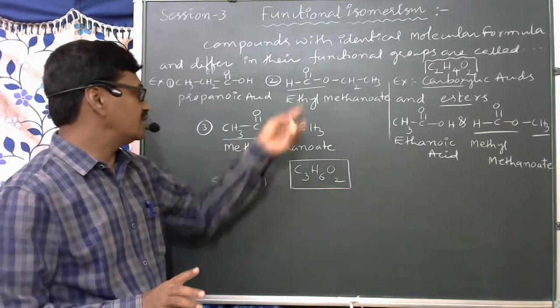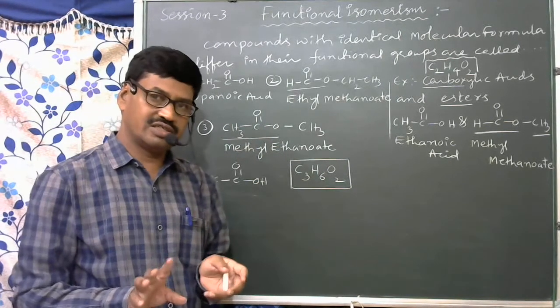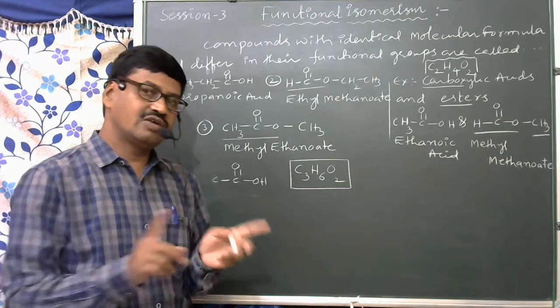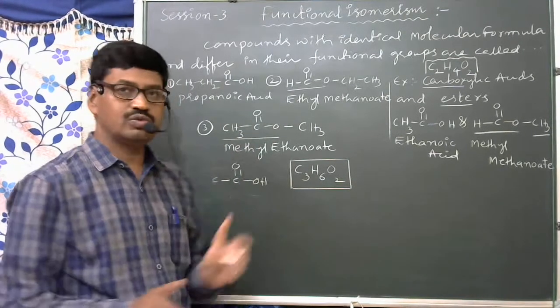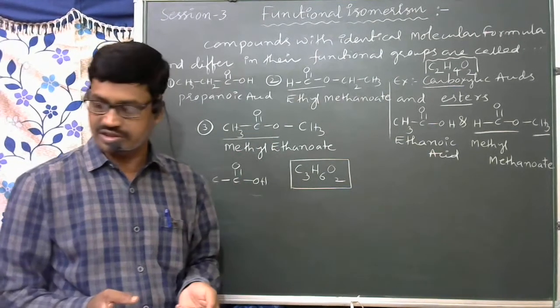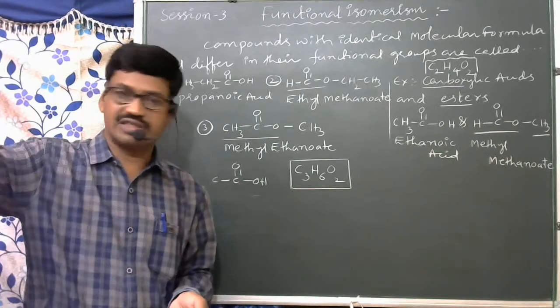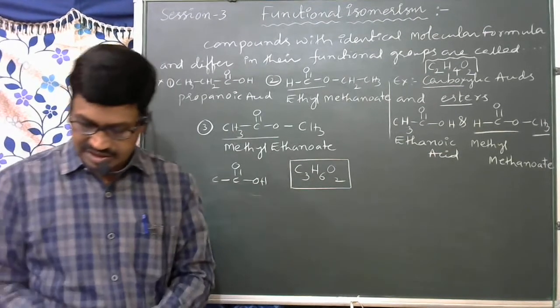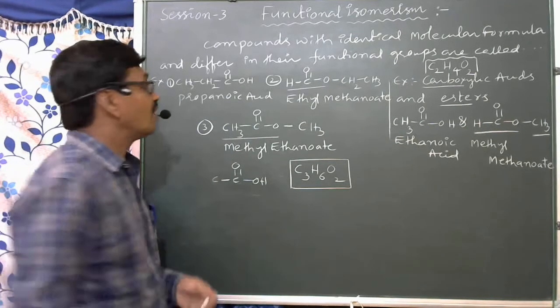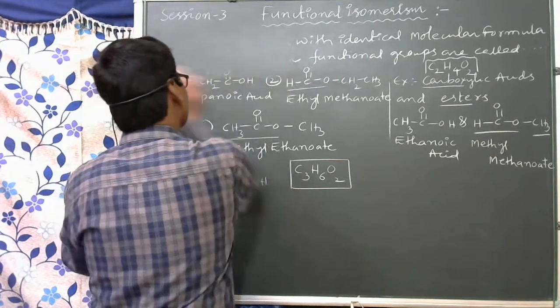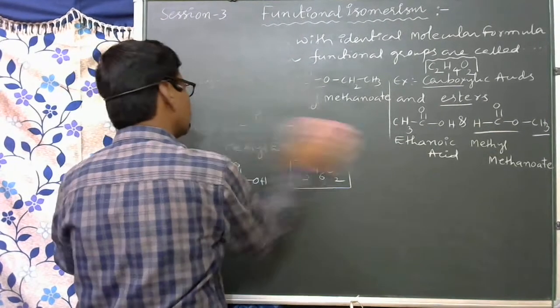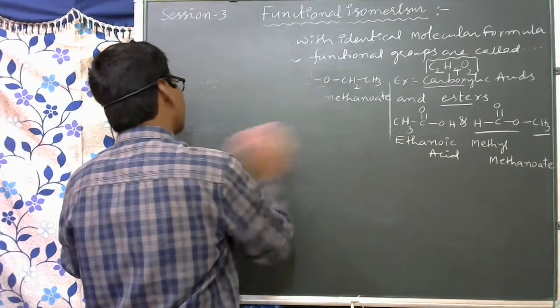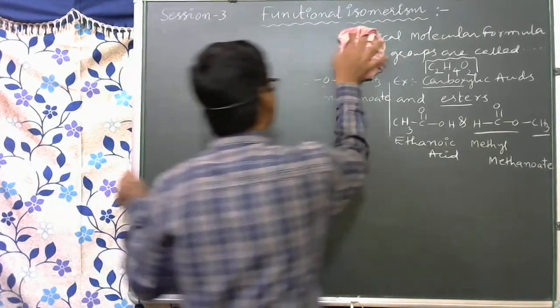After writing these compounds in a rough way, we have to check what is the relation between any two compounds. So checking the relation is important here. Okay. Then the next example is aldehydes, ketones. Aldehydes and ketones are functional isomers.